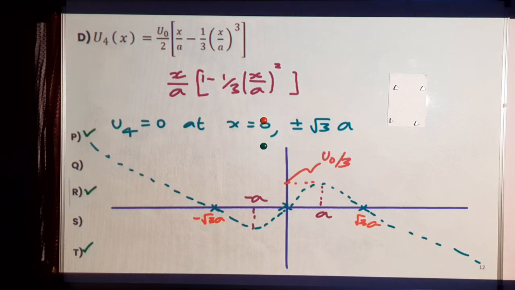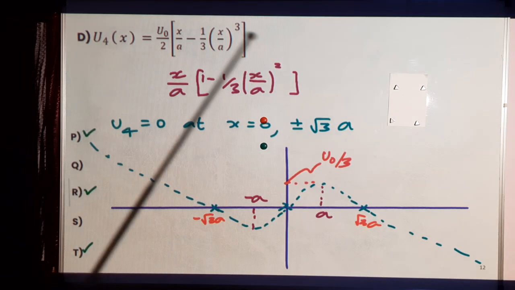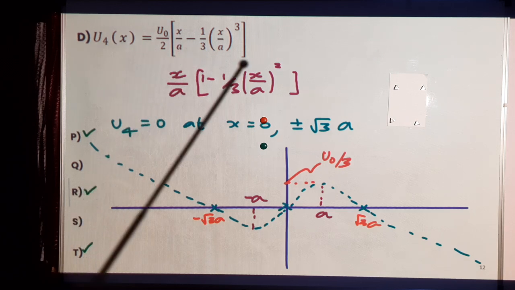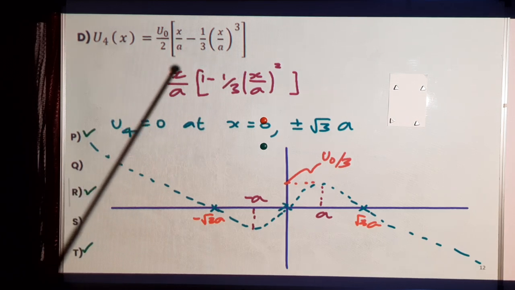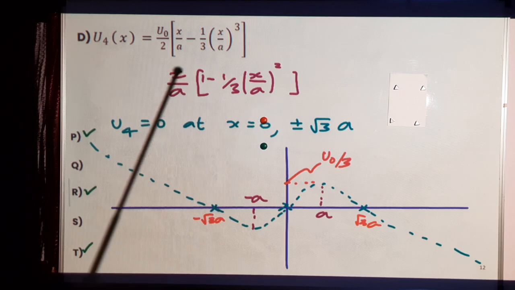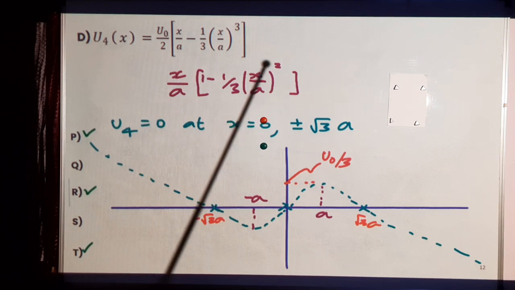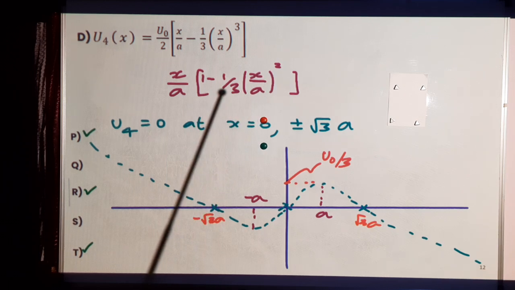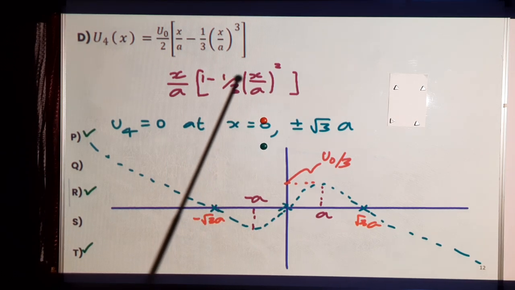Option D, the potential is U0 by 2 times a cubic function. So we can plot the zeros of this function. If we take x by a outside, one zero is x equal to 0. Another one is x equal to root 3 a, because root 3 a and a will cancel, root 3 square will become 3, so it becomes 0. And it can also be minus root 3 a.